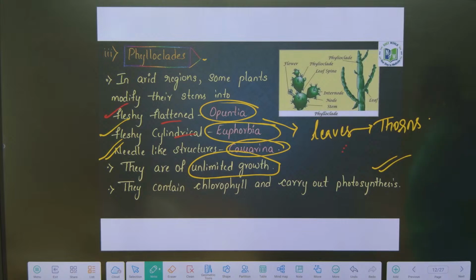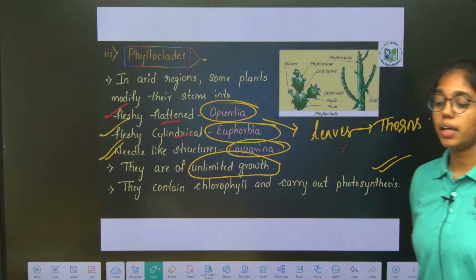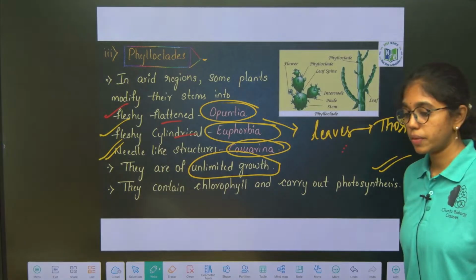And here branches of stem are of unlimited growth and they will contain what? Chlorophyll to perform photosynthesis.